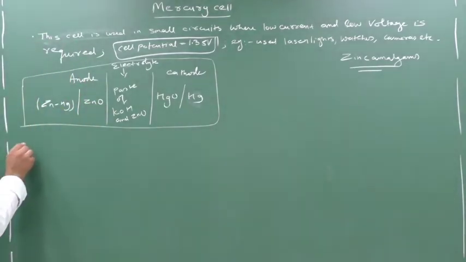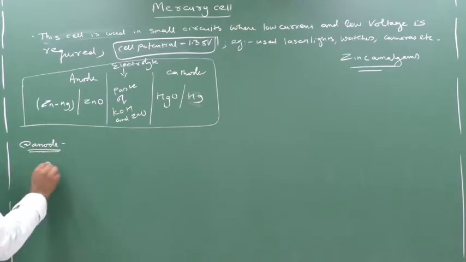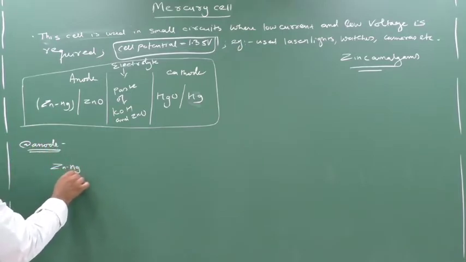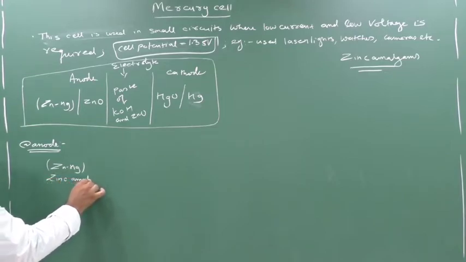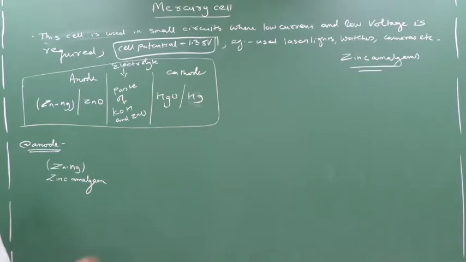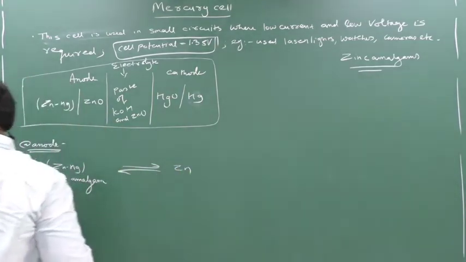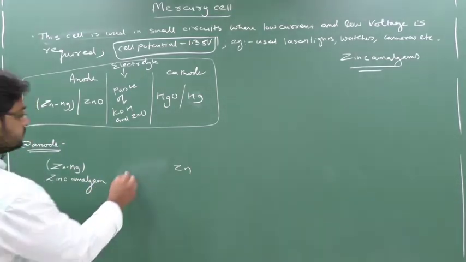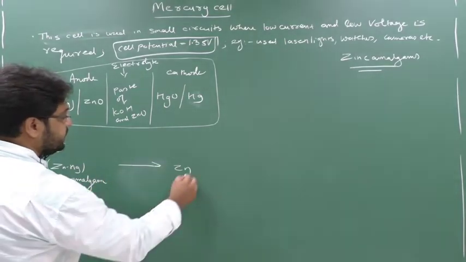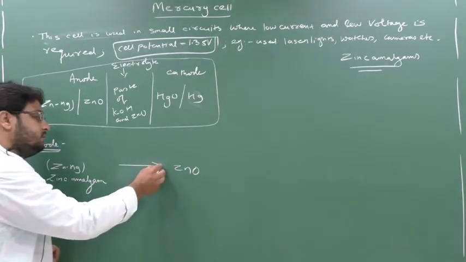Now we'll see the reaction at the anode. At the anode, this zinc amalgam is converted into zinc oxide, clear?